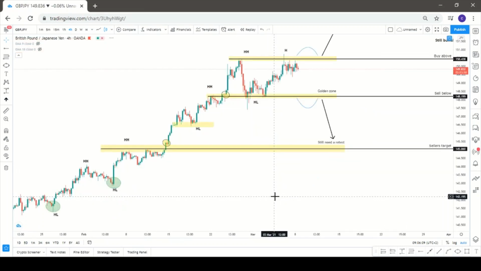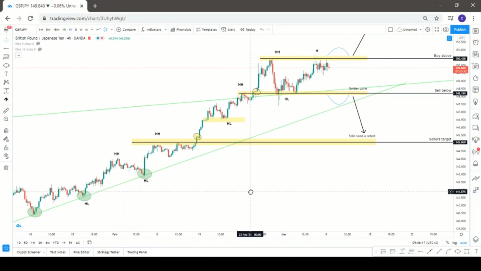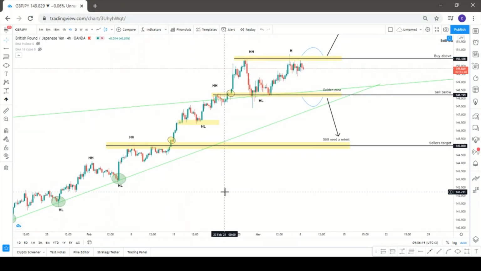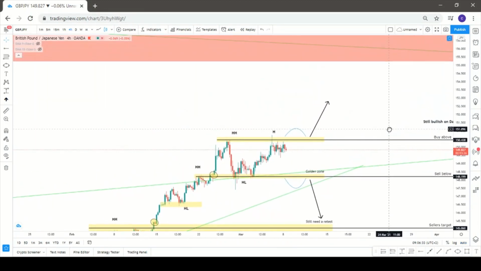So we're going to move on to British pound, Japanese yen. This pair has been extremely bullish, and that is basically because of weakness in Japanese yen, right? And the movement in safe haven currencies. So quite simply on this pair, what I'd be looking for is if it breaks significantly above this area, right, and we have a beautiful retest, I'd look to go long because I'm still bullish on this pair at the moment and hit this resistance on top.